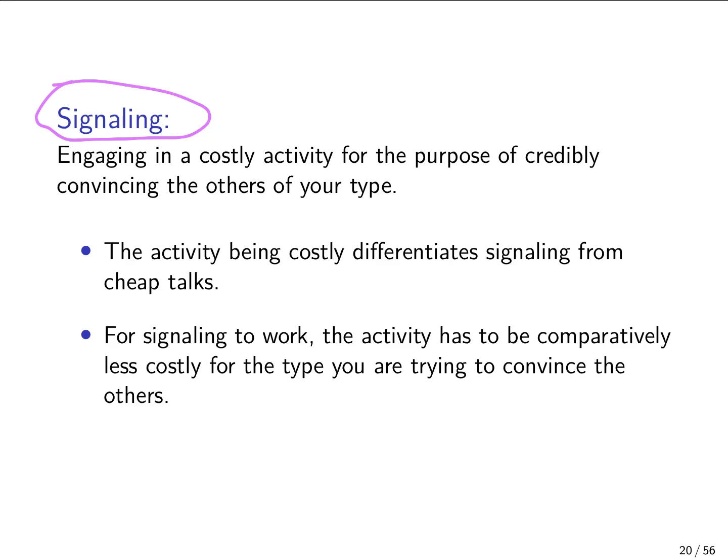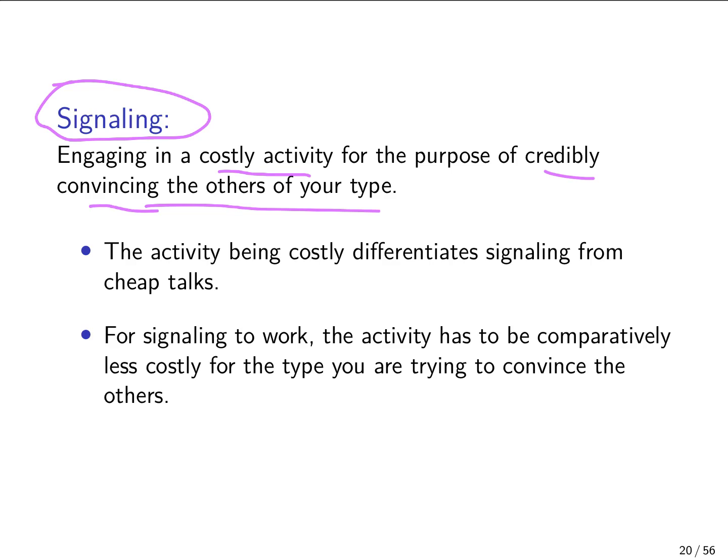Okay, so what is signaling? Signaling is to engage in a costly activity for the purpose of credibly convincing others of your type, right? So in the previous example, we might want to convince other people that I'm someone who always pays the bill and pays back the loan, and so on.